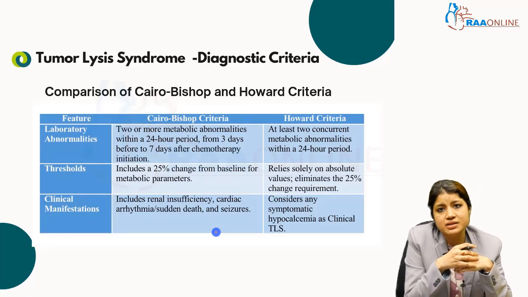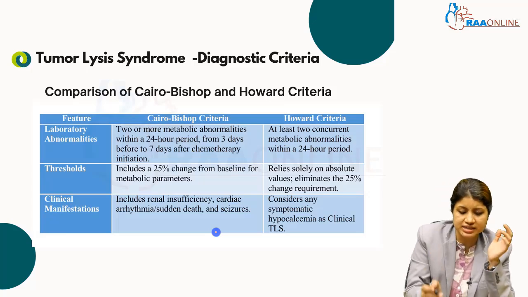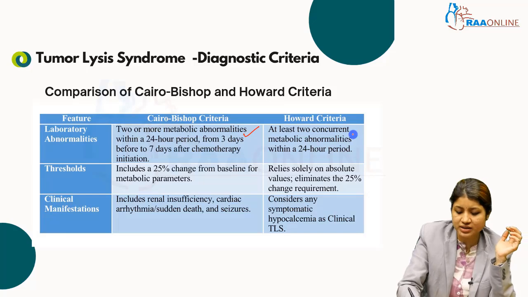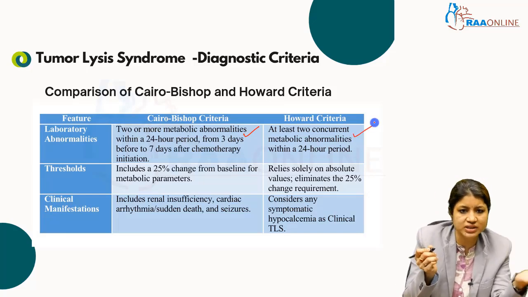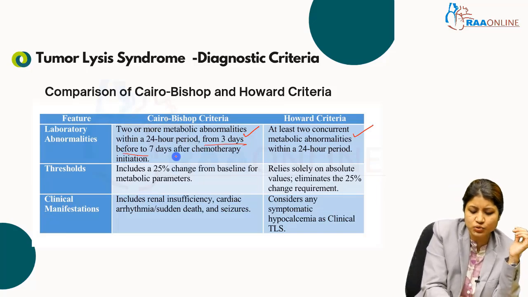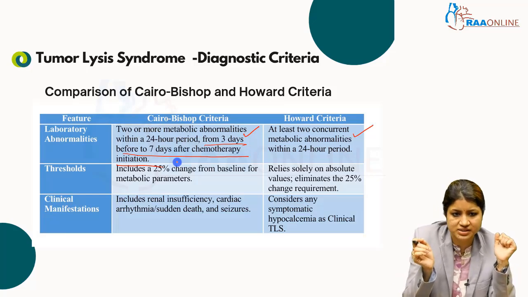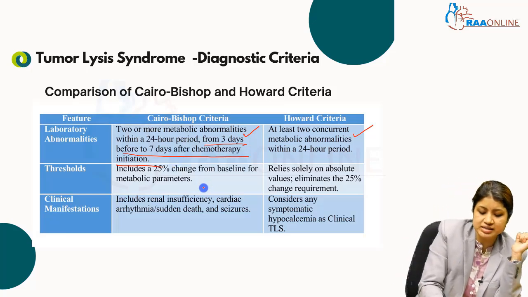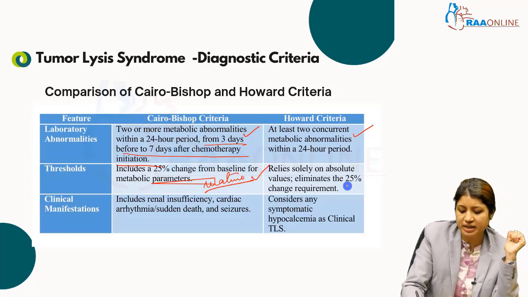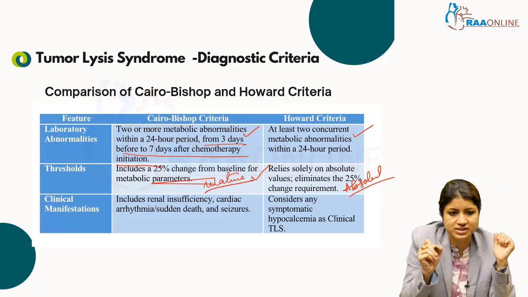So when you compare the Cairo-Bishop and Howard's criteria, you find that, as we saw, both need 2 or more metabolic abnormalities within the same 24-hour period, from 3 days prior to 7 days after chemotherapy initiation, as we know from the definition of TLS. But in Cairo-Bishop even the relative values are taken into consideration, whereas in Howard's only the absolute increase in the values is taken into consideration.